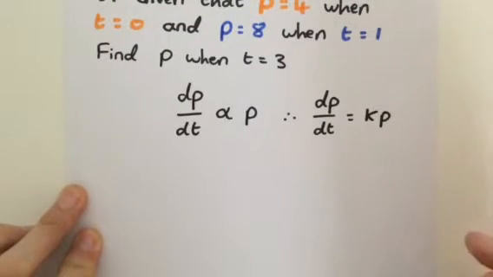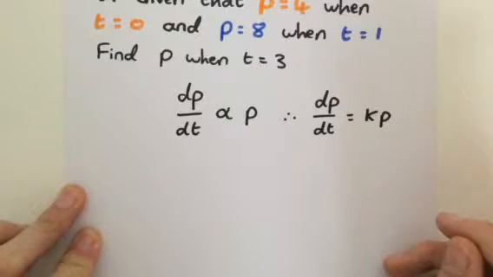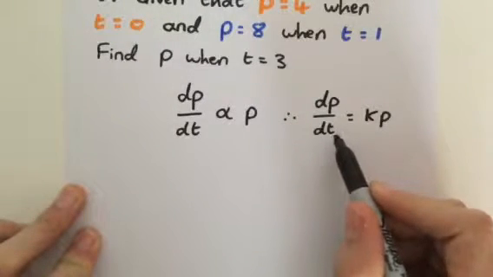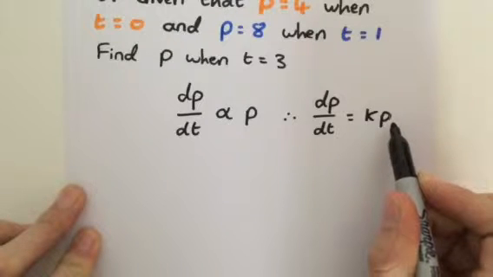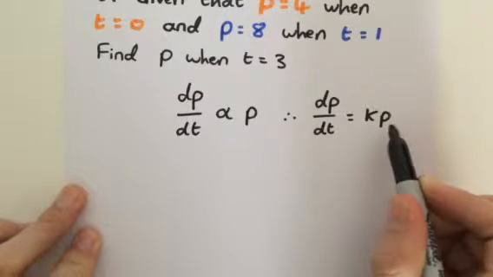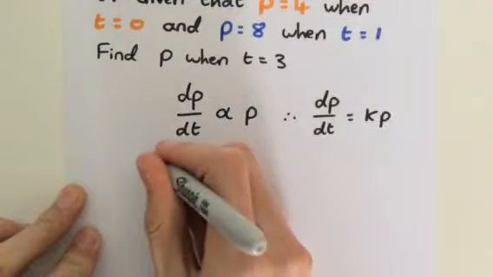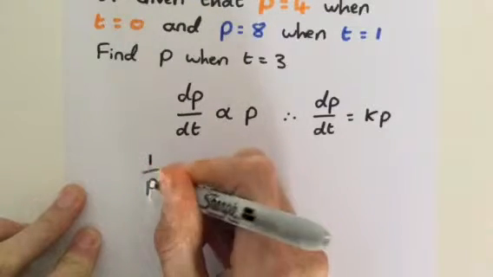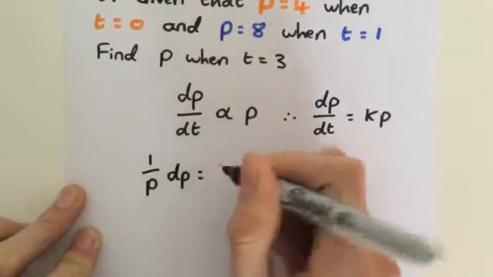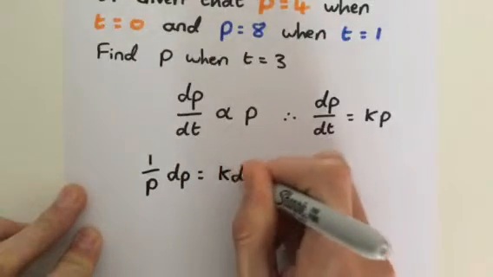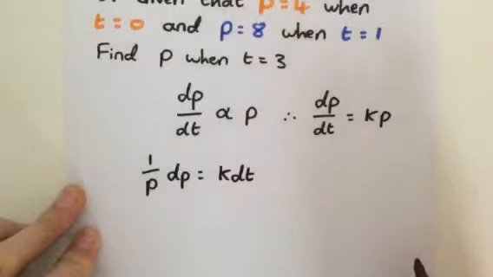We have to solve it first. If we multiply both sides by dt and then divide both sides by P, we get 1 over P multiplied by dP is equal to k dt.